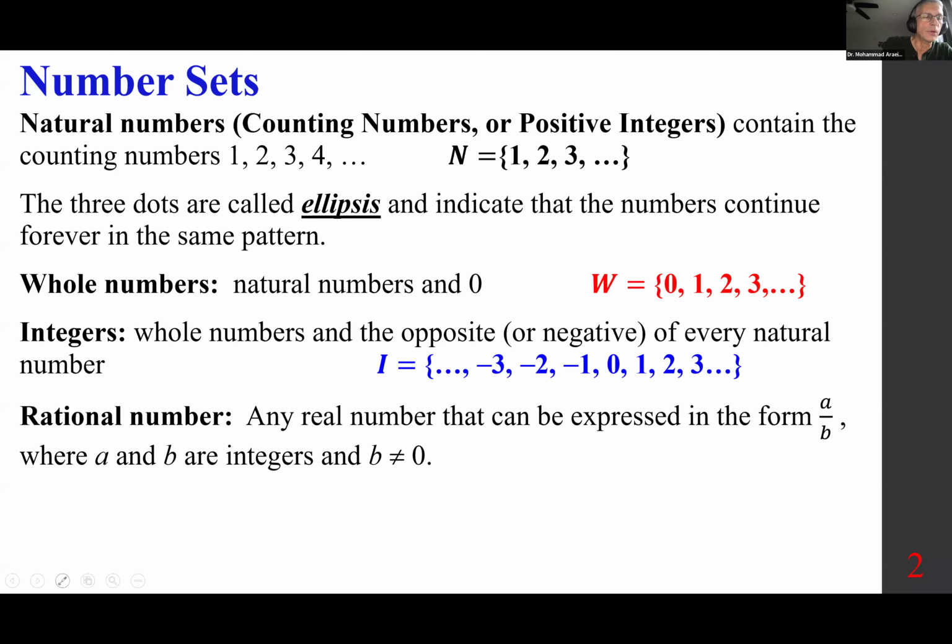Also decimals that terminate, for example, 0.2, because you can write it as 2 over 10, which becomes 1 over 5. Or a repeating decimal, 0.3 bar, which is 1/3.